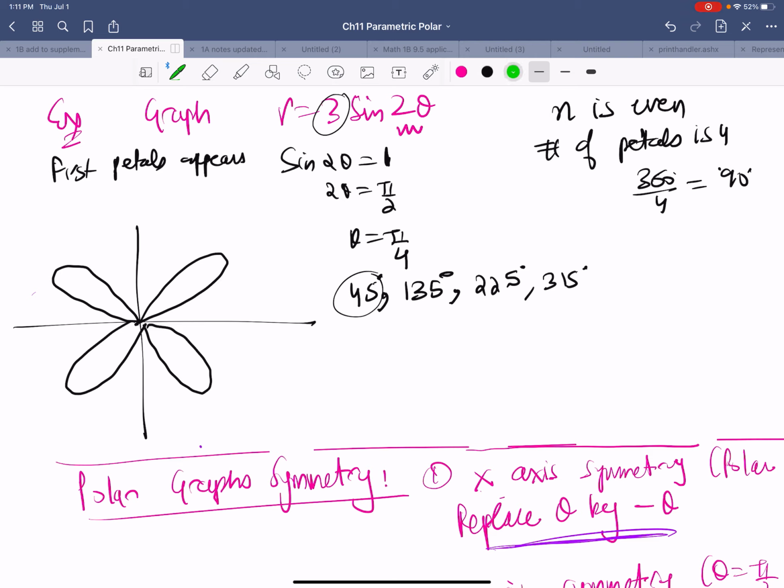Okay, and we can mark the coordinates here. Coordinates at the tips of the petals would be r is 3 and 45 degrees, 3 and 135 degrees. Again, you can either leave your angles in terms of degrees or in terms of radians.